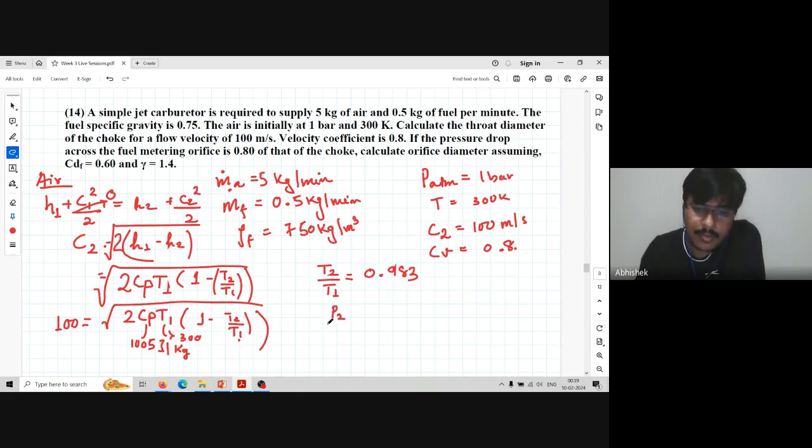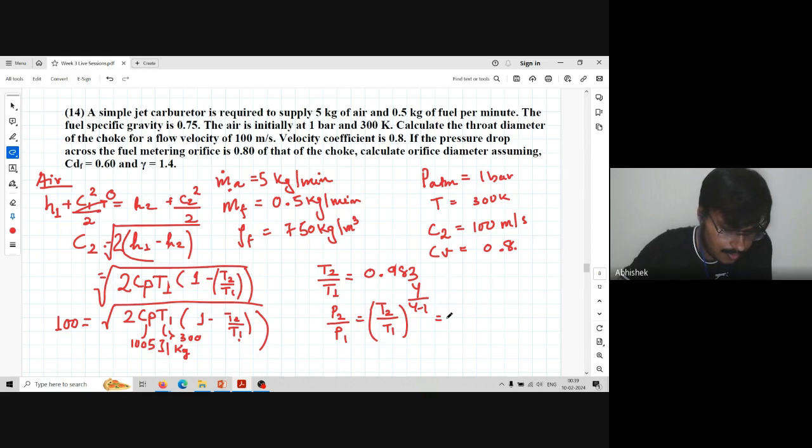So what is P2 by P1 now? P2 by P1 is T2 by T1 to the power gamma by gamma minus 1, so to the power 1.4 by 0.4.